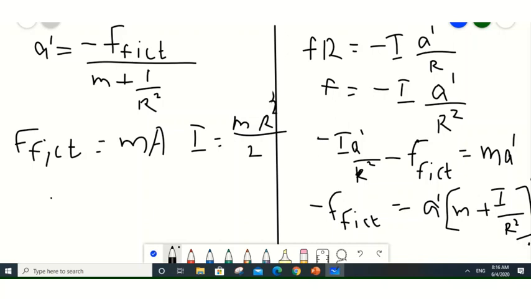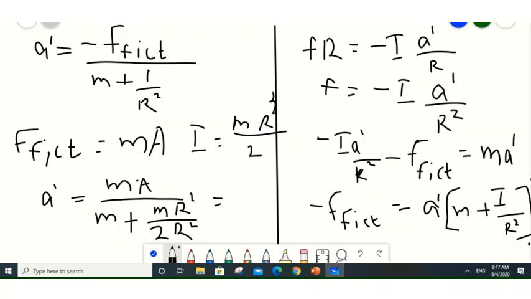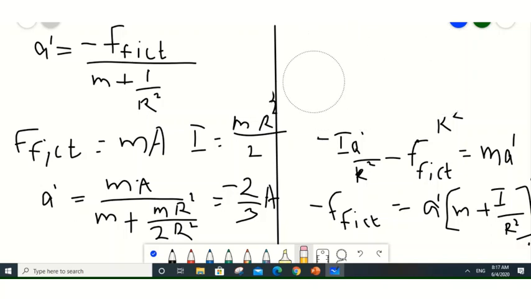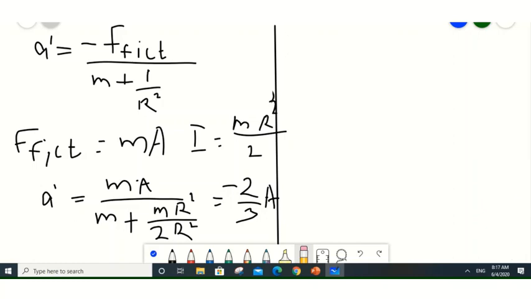So a dash is equal to mA by m plus mr square by 2 r square, which is equal to minus 2 by 3 A. So the value of a dash is minus 2 by 3 A. We have our equation from the starting: a is equal to capital A plus a dash.